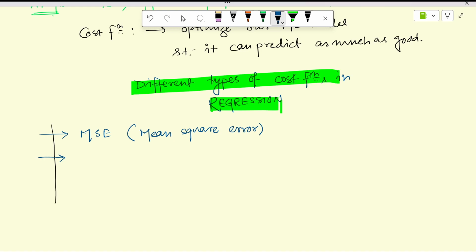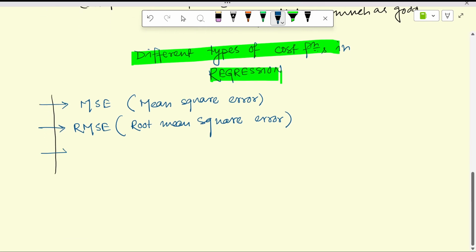Then the RMSE, which is nothing but the root of the mean square error, so root mean square error. And the third one, MAE, mean absolute error. As you see here, the cost function is nothing but a function of the error.